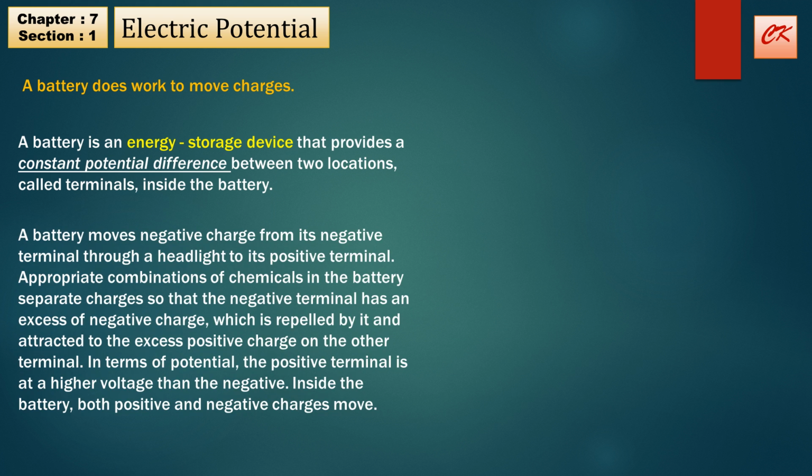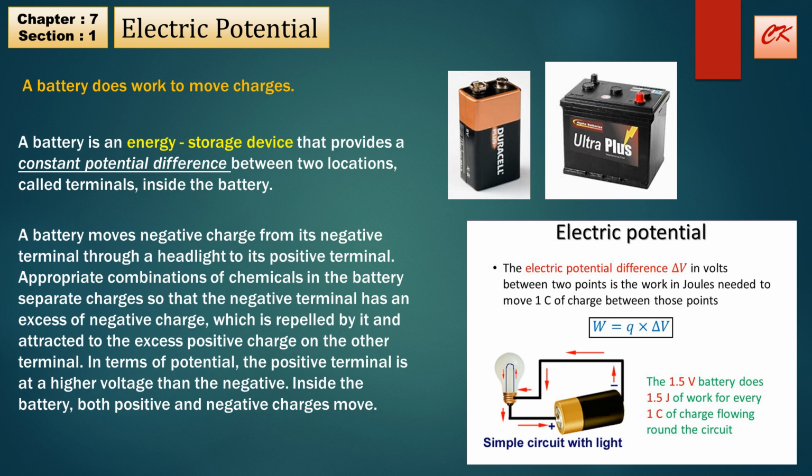A battery. Let's talk about the battery. The last subject of this section is the battery. Batteries are energy storage devices that provide a constant potential difference between two locations. I think you have seen a broken battery. There is some chemical mixture.